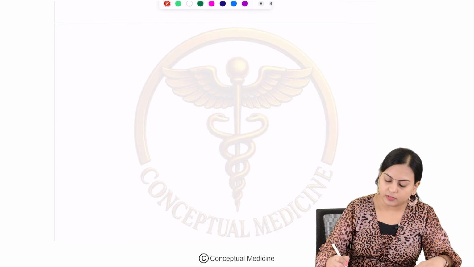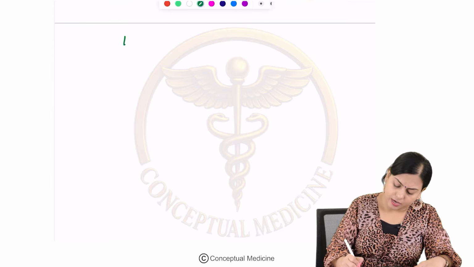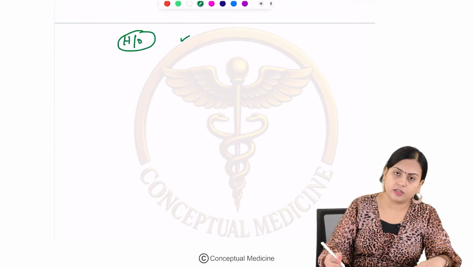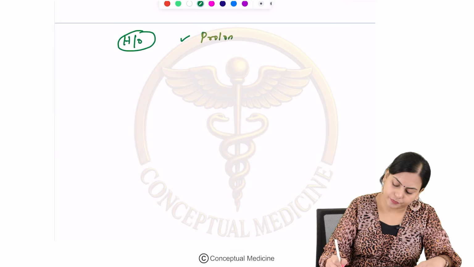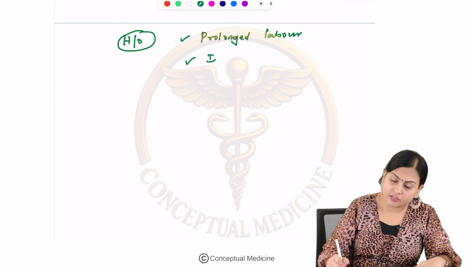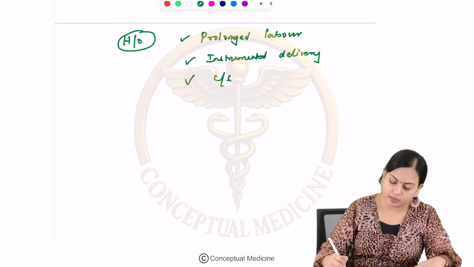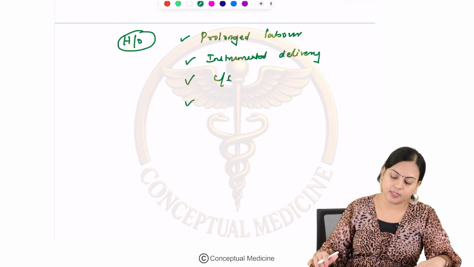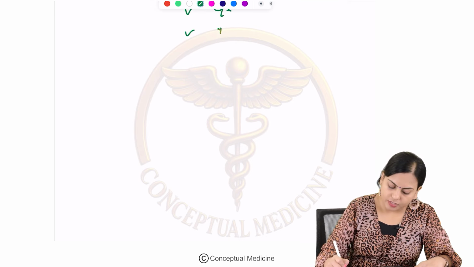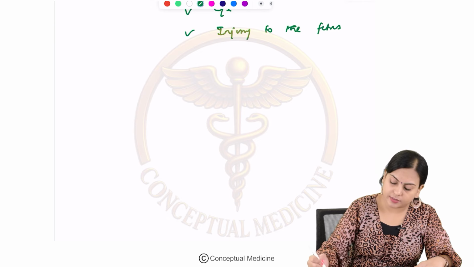So, let's see what about the history. Okay, suppose the patient has a history of prolonged labor, or she had a history of instrumental delivery or cesarean section without any known cause, then injury to the fetus was present in the prior delivery.